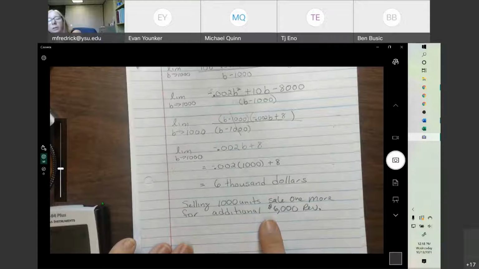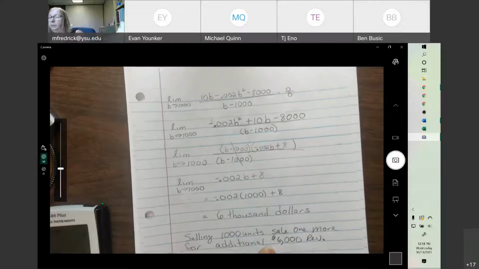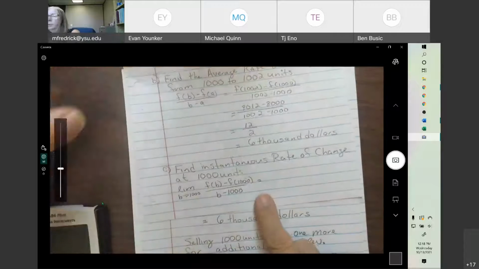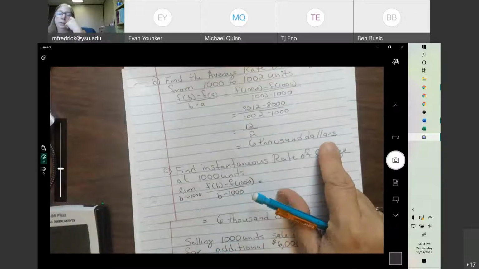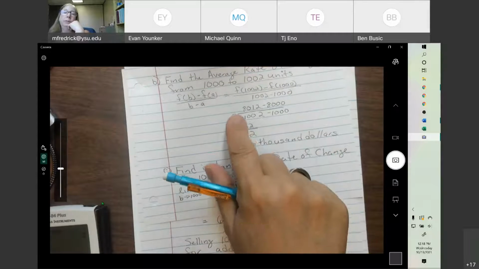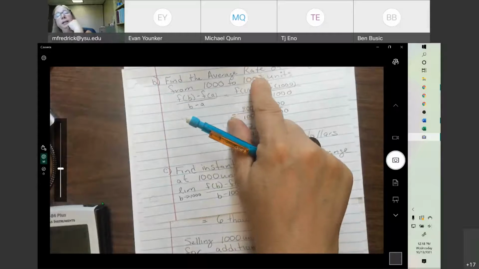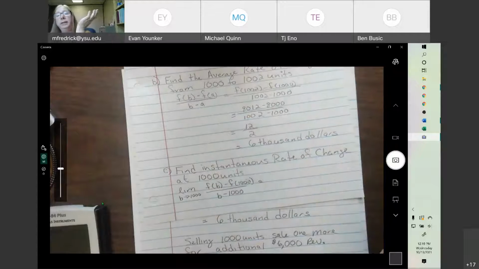So if we go one more, we'll sell an additional $6,000 in revenue, which means the last one, notice if we sold two more, we were still only making $6,000 in revenue. So selling that extra one, we're not making any extra money.